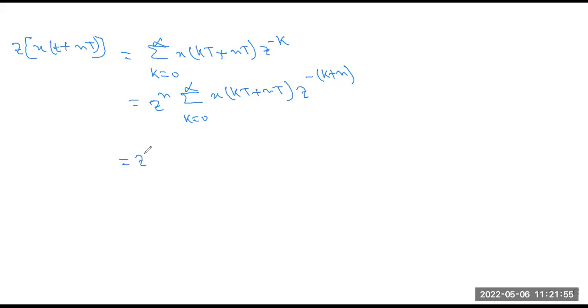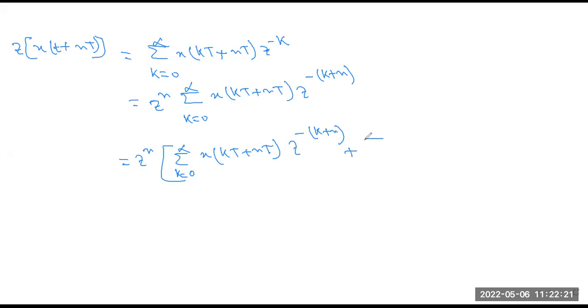Now we have to apply the shifting rules, the shifting property, that is z to the power n within bracket, summation of k equal to 0 to infinity x of kT plus nT into z to the power minus k plus n.